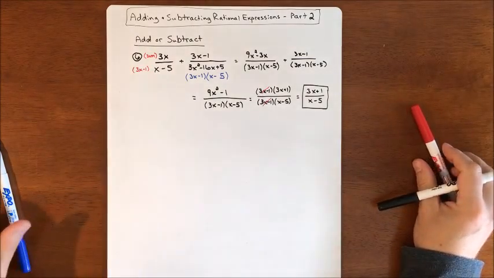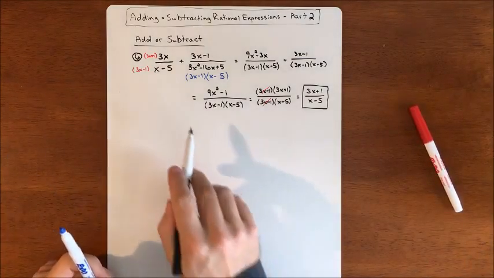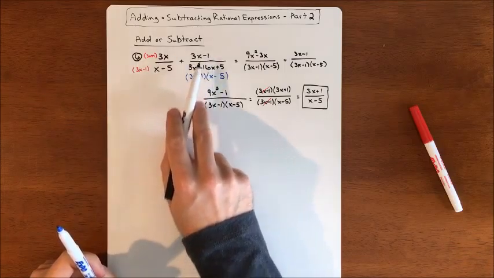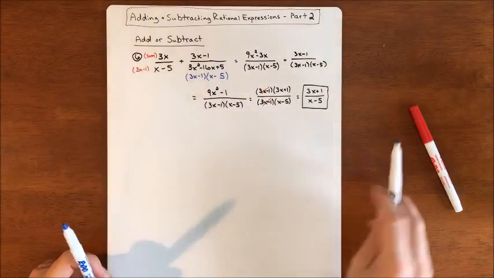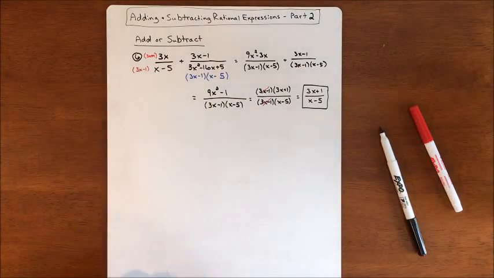Now there was one little potential shortcut at the very beginning. The very beginning we did have these common factors, so this fraction could have reduced, and not only could it have reduced, let me show you what that would look like.